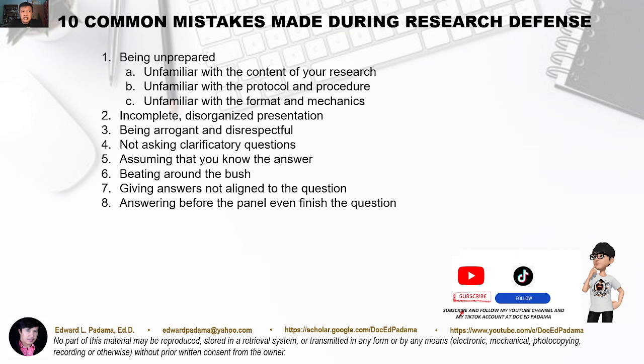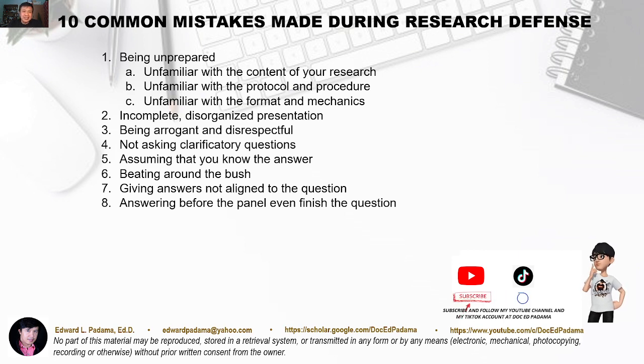This is equivalent to assuming that you already know the answer even before the question is finished. And what is dangerous is when you give the answer and the answer that you give is not correct, then what would be the impression of the panel? It would go to the number 3, that you are being arrogant.